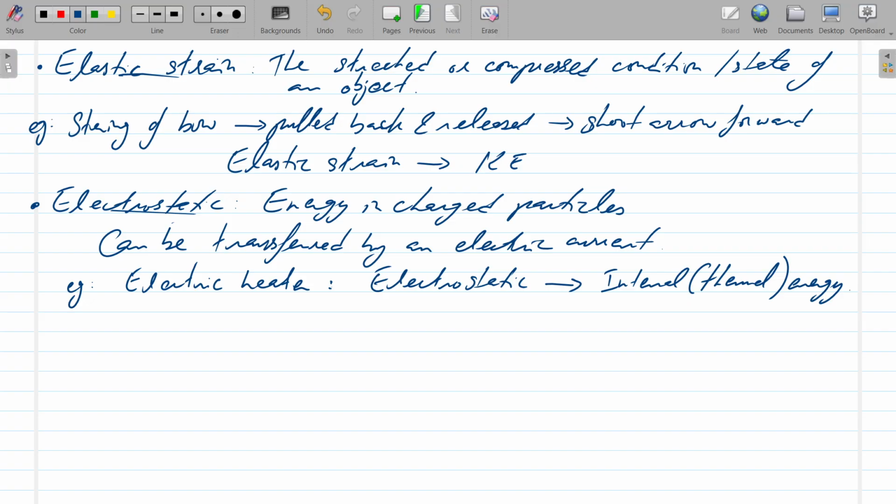And finally, I believe what they've mentioned, internal energy is next, since I mentioned that. It's also called thermal energy.